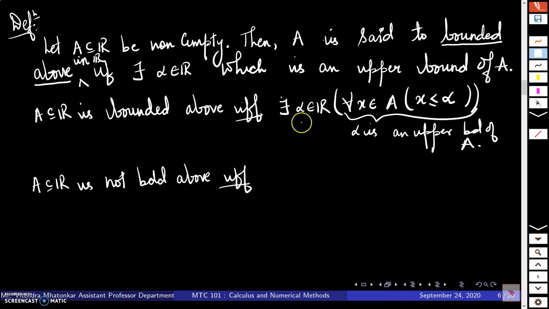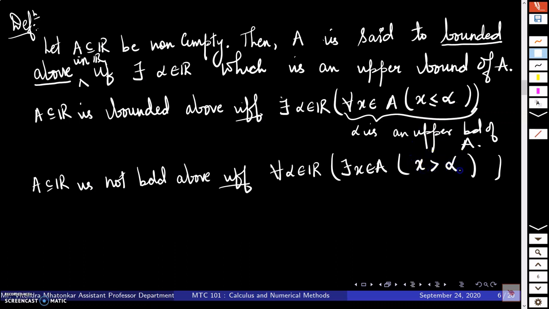That means there is no real number which is an upper bound of A. So the negation is: for every alpha in R, there exists at least one point x in A such that x is bigger than alpha. And that is when you say that a subset A of R is not bounded above.